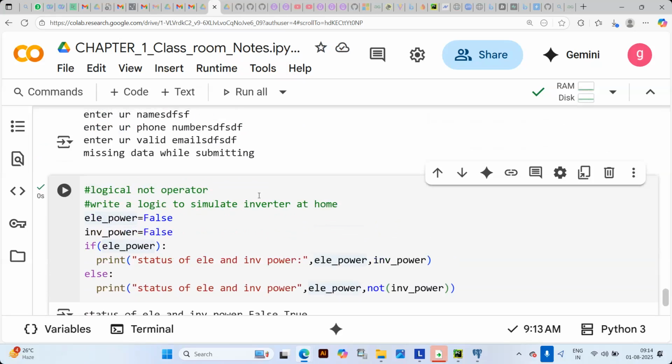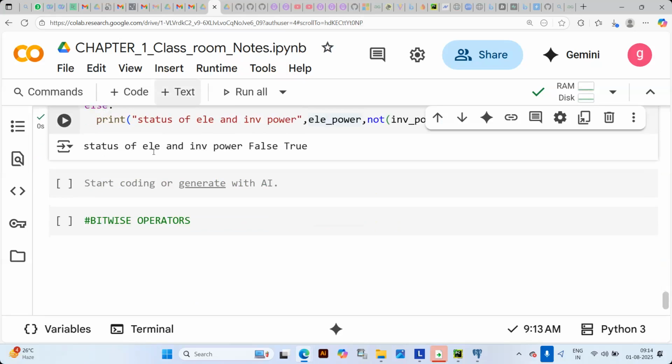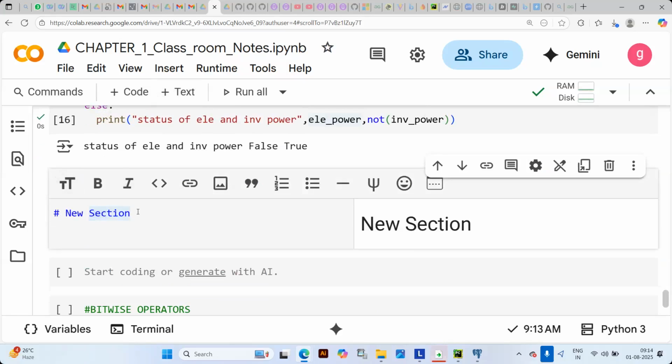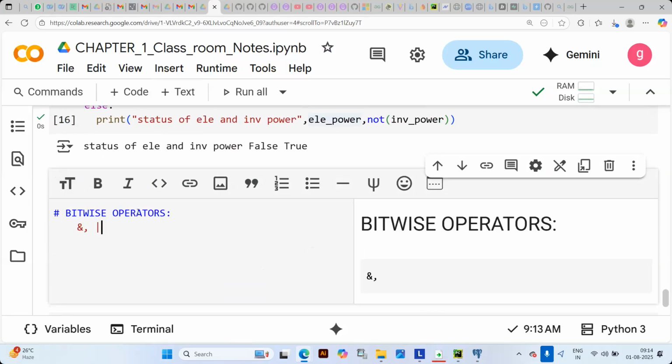Great, great. So lastly, we have bitwise operators. So they are bitwise AND, bitwise OR, bitwise exclusive OR, and left shift and right shift, and the tilde operator, which is a two's complement operator.